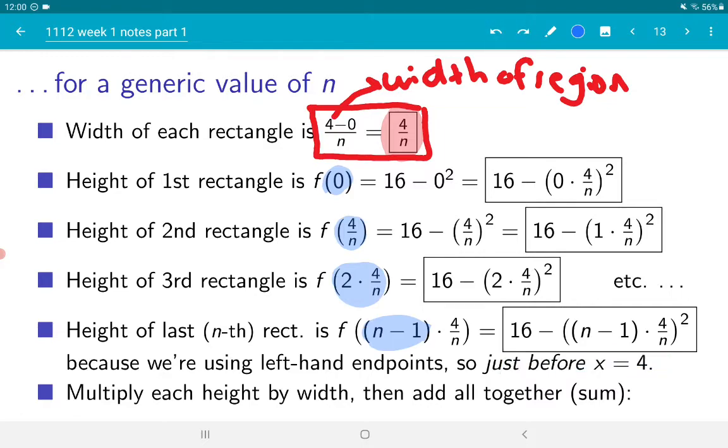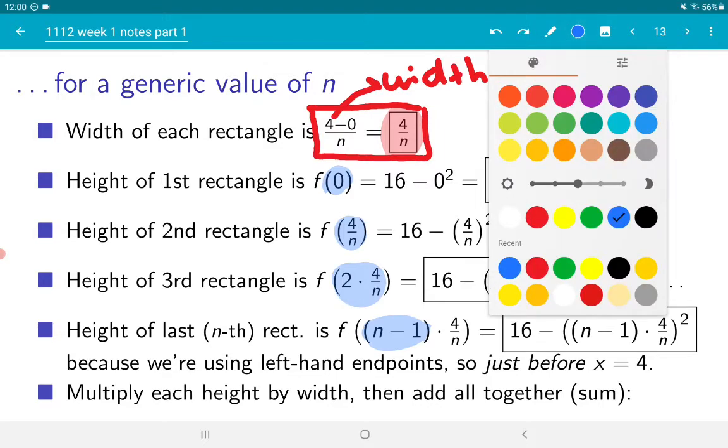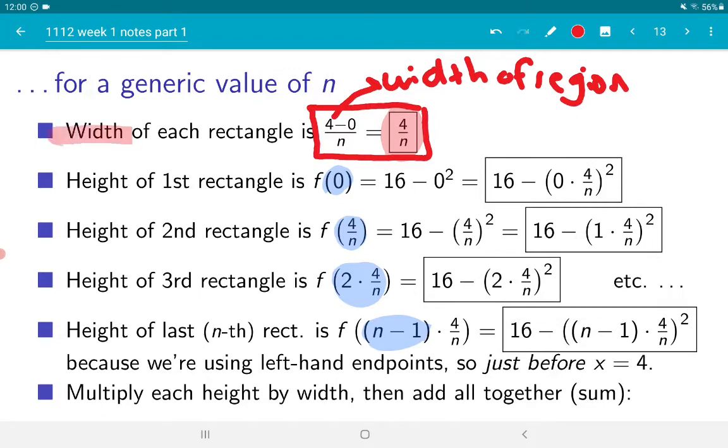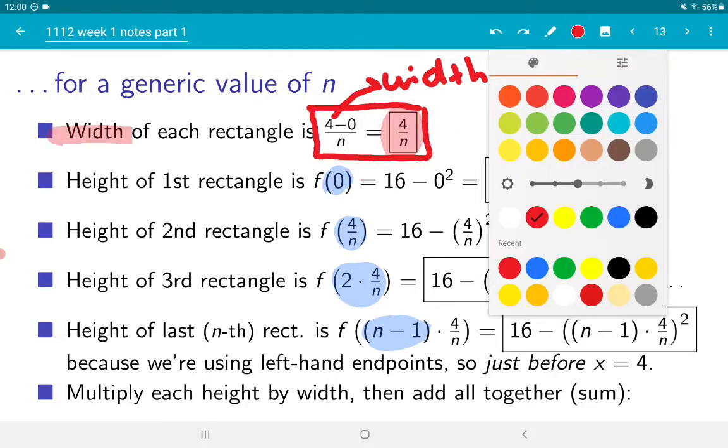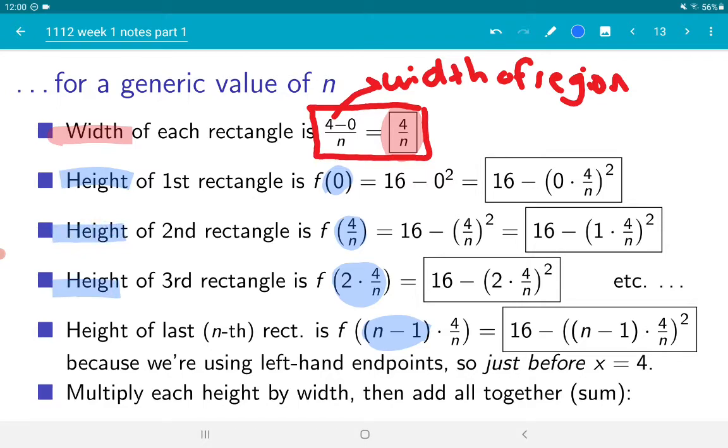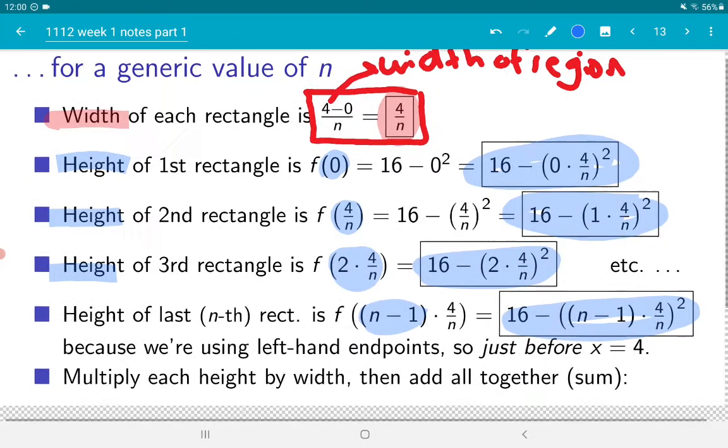And then what we're going to do is combine all of this information to write down the area of each rectangle and add them together. Remember that the red thing up here, that's the width of each one. And all of these blue highlights in the boxes are the heights of the rectangles. And so the area of each rectangle is width times height.